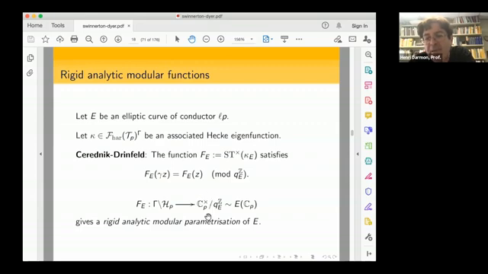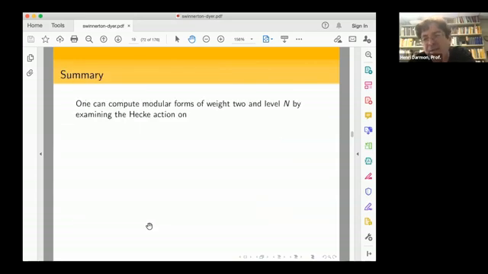And that rigid analytic quotient is just the Cp points on the elliptic curve. And this gives us a concrete way of getting at the rigid analytic modular parametrization of this elliptic curve. Okay, so that's the story.